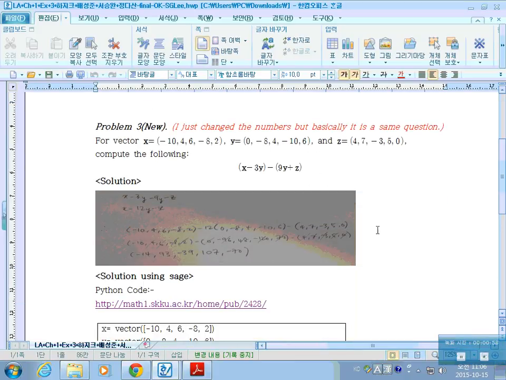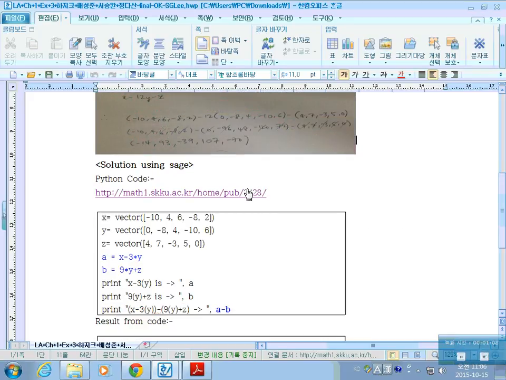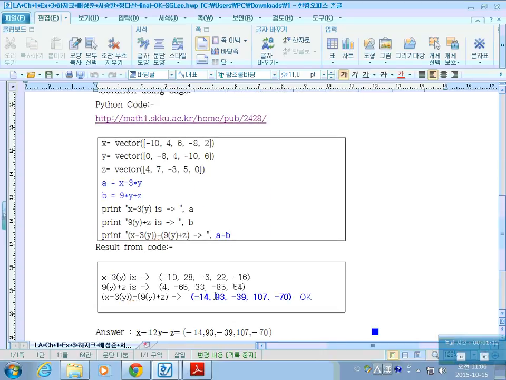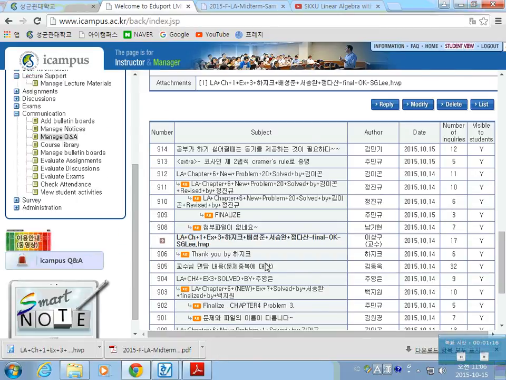And he used his image, a screen capture of a camera image of his solution by hand in here, to check his answer is the same as what he got from Sage, like this.